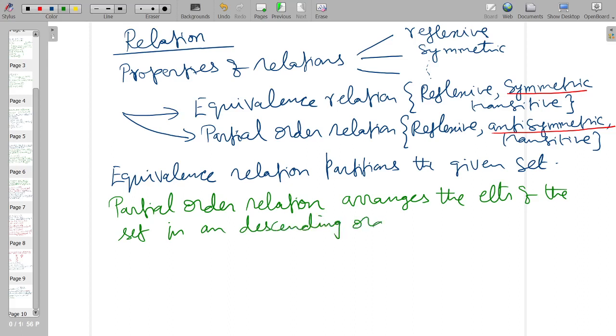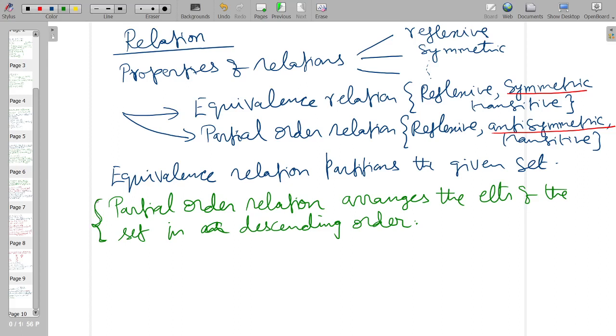Okay, so this will be an important one, this partial order relation, which we will explain or work out with problems later.